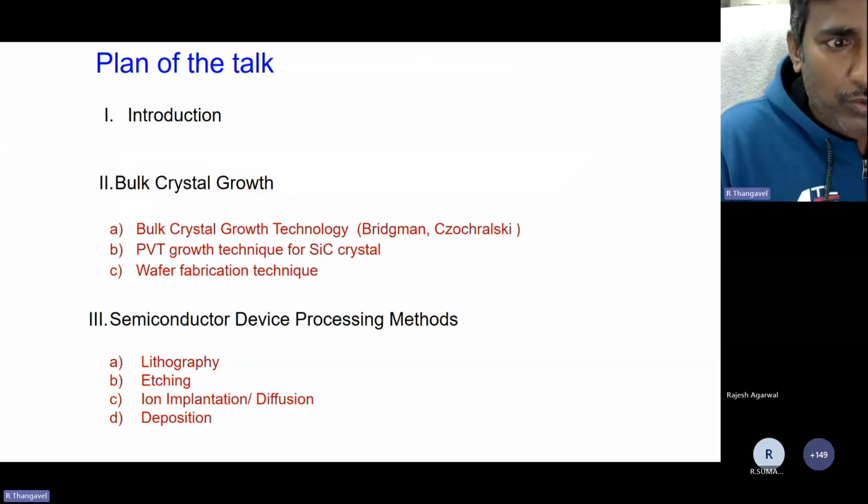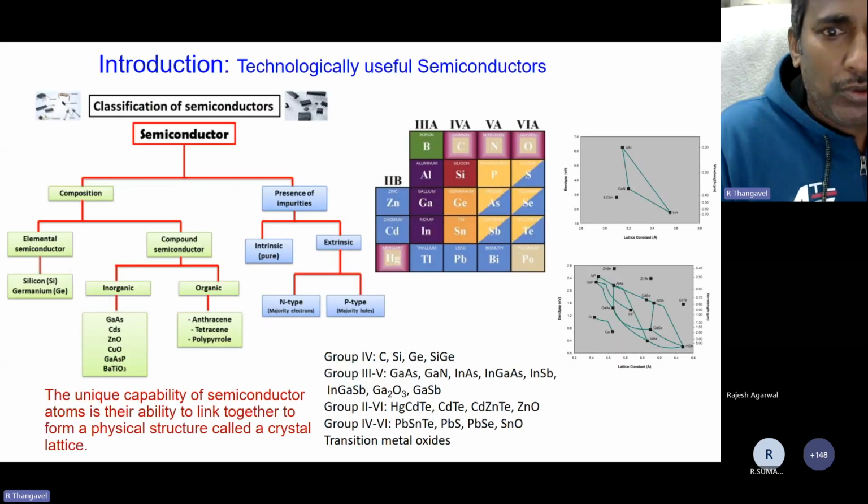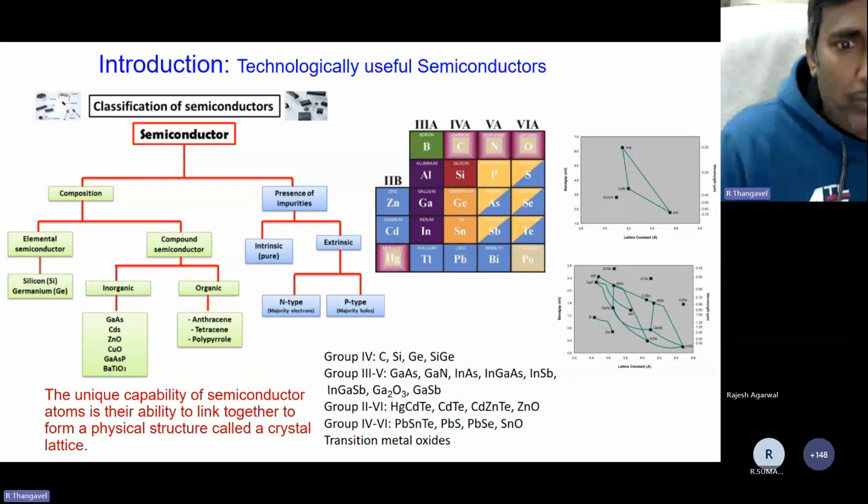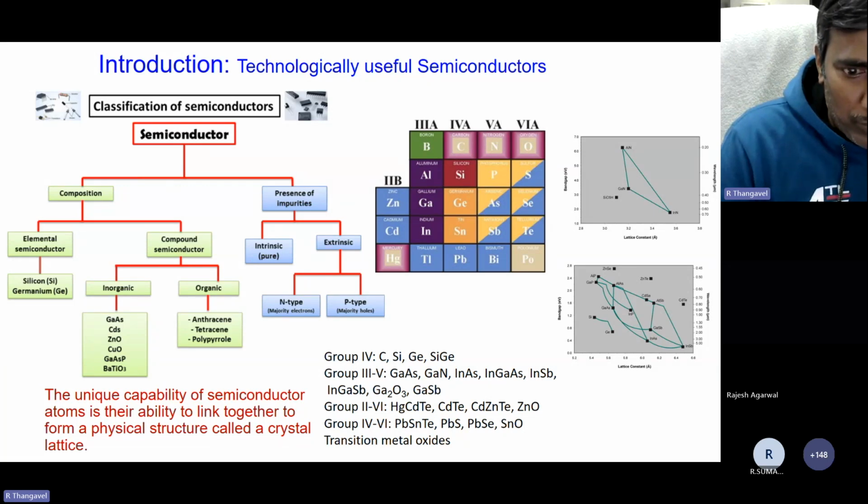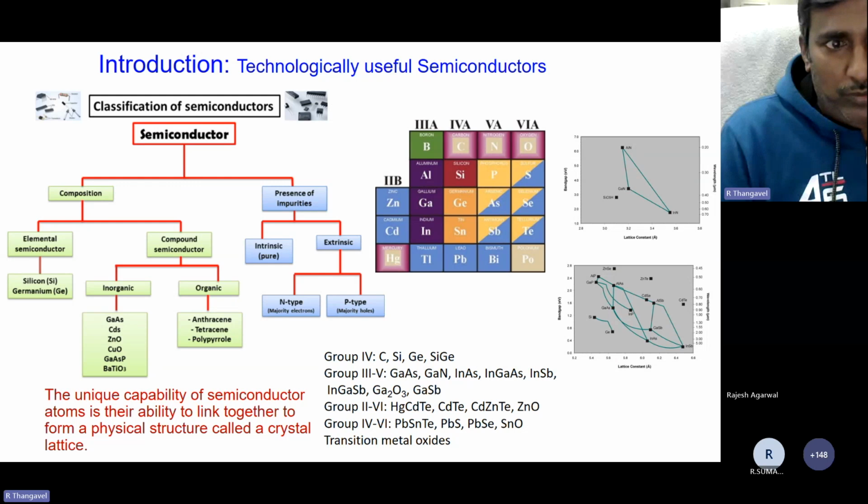Now, as far as the introduction is concerned, you can see that there are several technologies useful in semiconductor devices. Basically, semiconductors are either elemental semiconductors or compound semiconductors. Among the elemental semiconductors, silicon and germanium are the two widely used for fabricating devices.